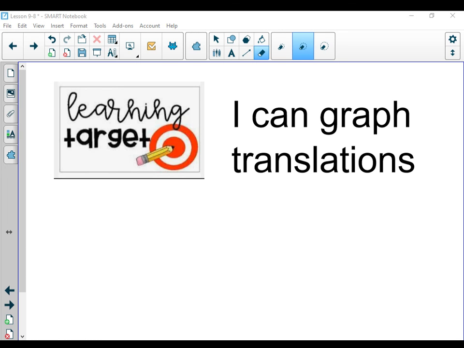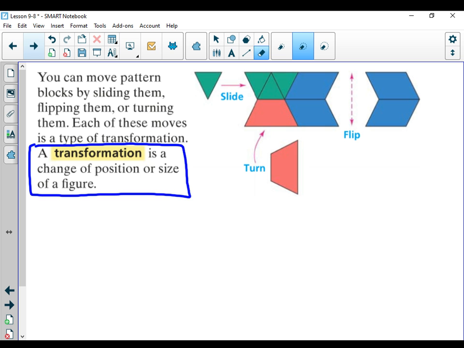Something called translations, which is the very first thing on the next page. Translations fit under this bigger category called a transformation, which just means you're changing the position or the size of a figure or shape.